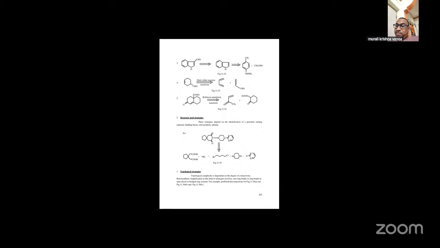Retrosynthetic simplification in this kind of strategy involves no ring bonds or ring bonds in the spiro, fused or bridged ring systems. For example, performing disconnection for figure 11.56.